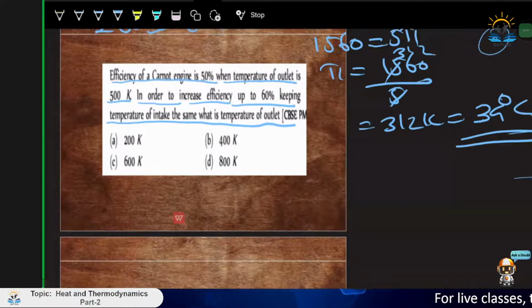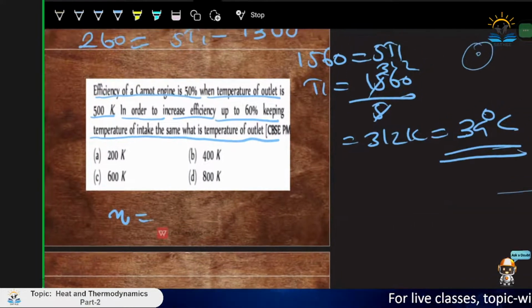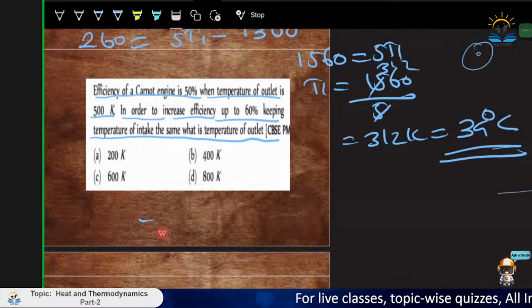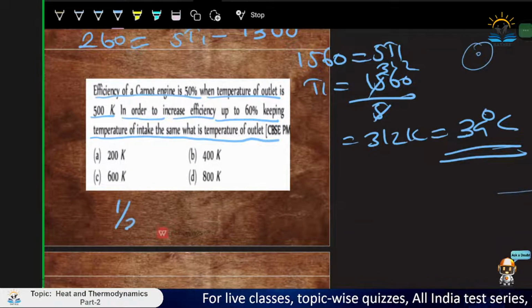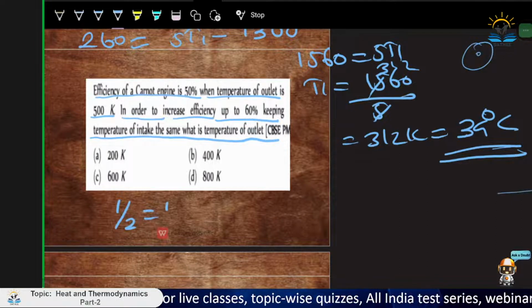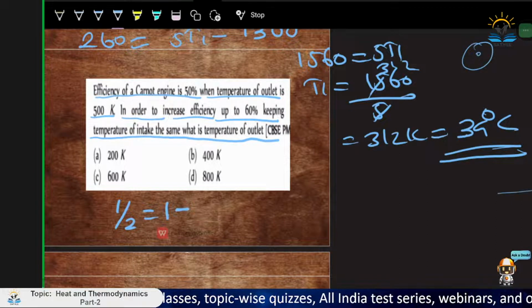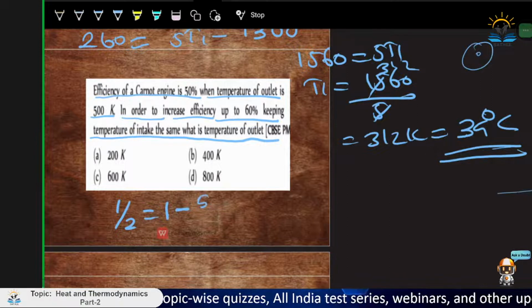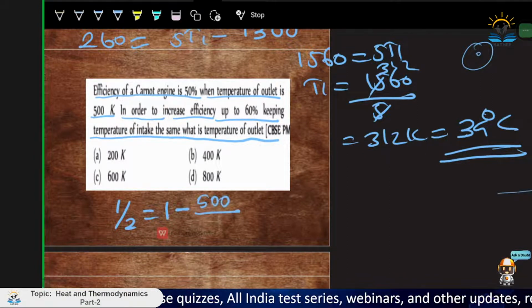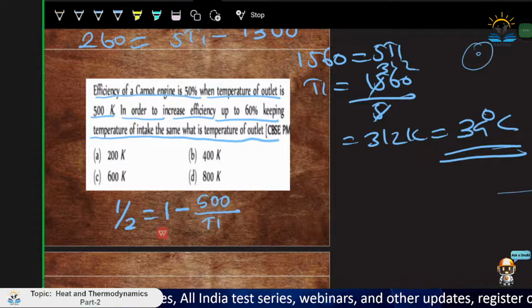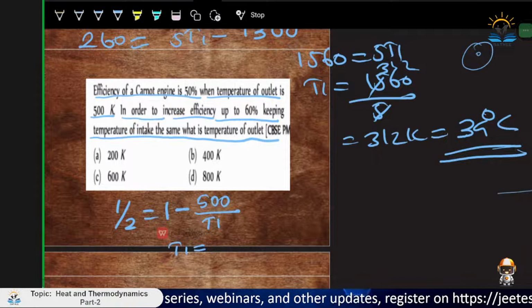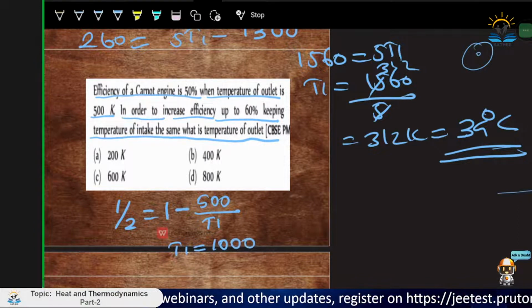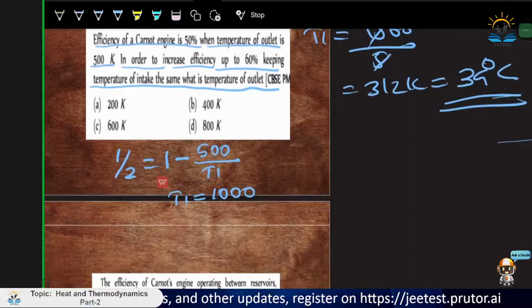What is the equation to find eta? Eta is, we know, 1 minus T2 divided by T1. Eta is 50%, that is 1 by 2. 1 by 2 is equal to 1 minus T2, 500 divided by T1, which we don't know. So T1 is 1000.